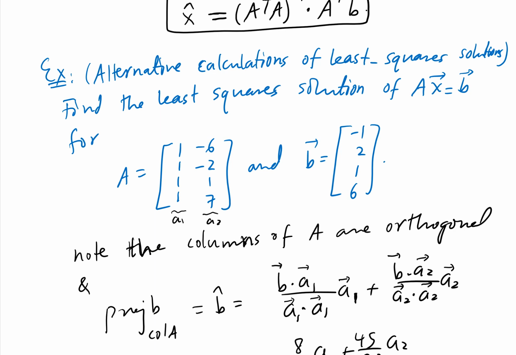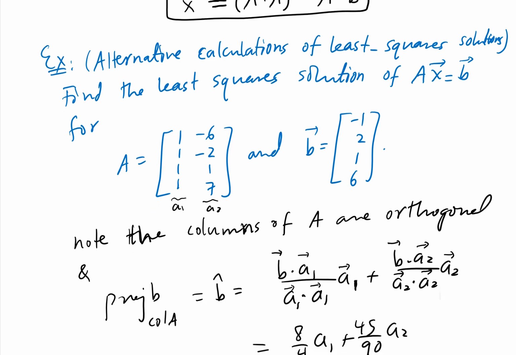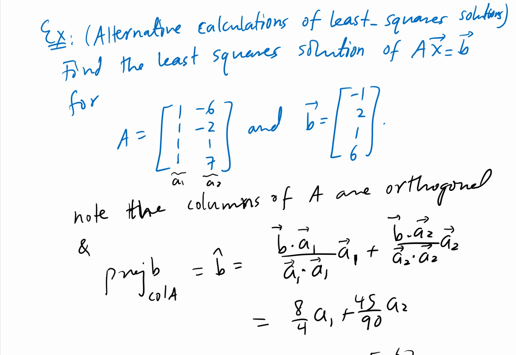So you know how to multiply B times A1, multiplying x by x, y by y, z by z, w by w. So 1 times -1 plus 1 times 2 plus 1 times 1 plus 1 times 6 gives me 8. And if you do A1 dot A1, you get 4.